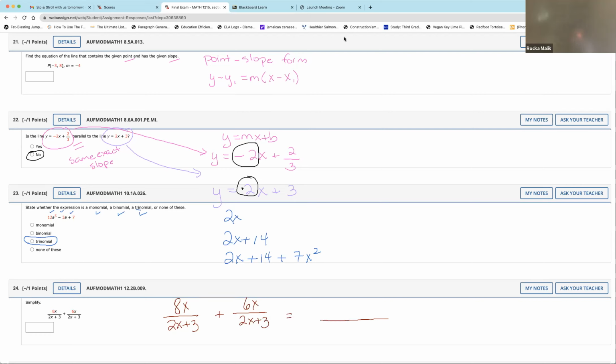So I'm just gonna add the top parts and keep my bottom because it's the same already, 2x plus 3. 8x plus 6x is 14x. And that's it. I can't simplify anything else.